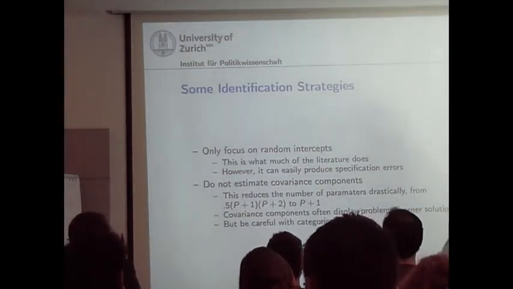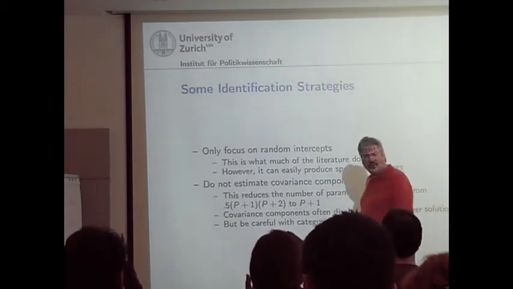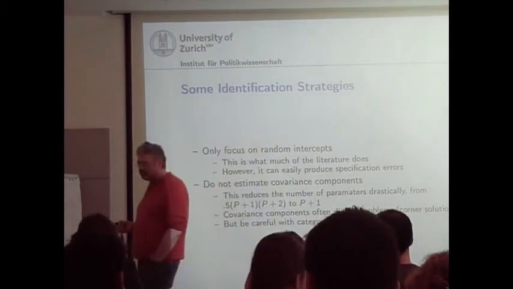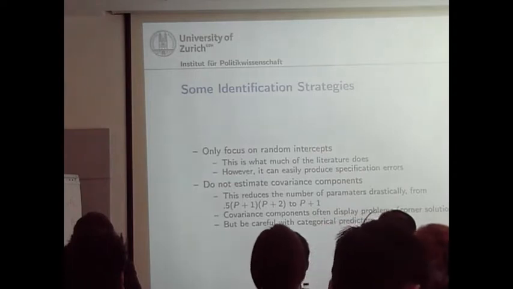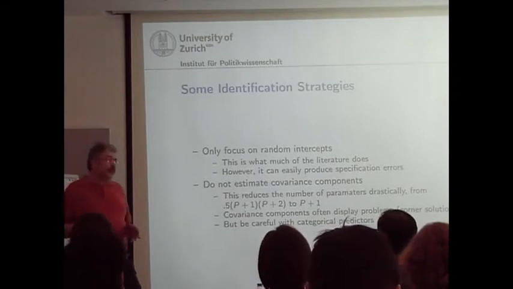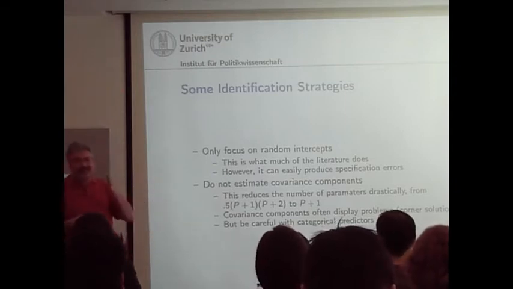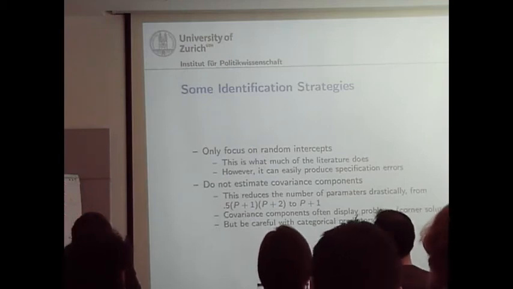But that is really problematic in the sense that, one, it underutilizes a very powerful tool. And two, it can actually produce specification errors, where you're basically saying, well, if there is variation in the slopes, I have perfectly accounted for it with my level 2 predictors. That's at least something you want to check.